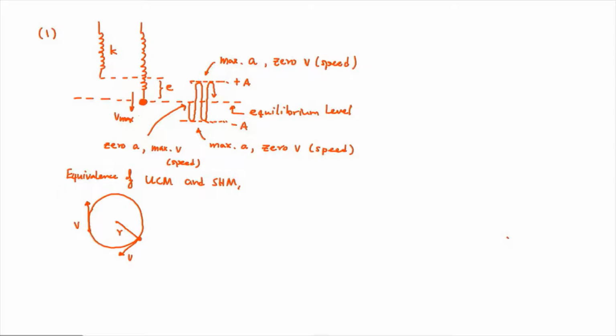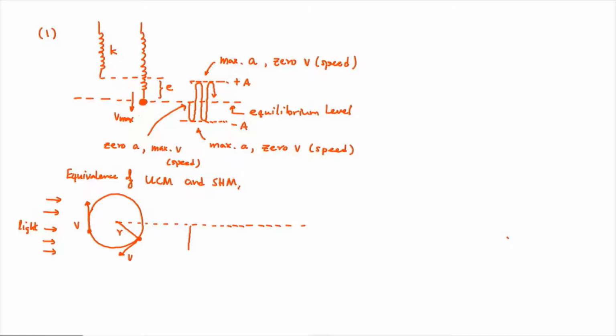That's why we call it uniform circular motion. And if you look at the projection of this particle on a screen, let's say you have a beam of light coming in this direction, so that's light. Then the projection of this particle is going to execute simple harmonic oscillations about this line.